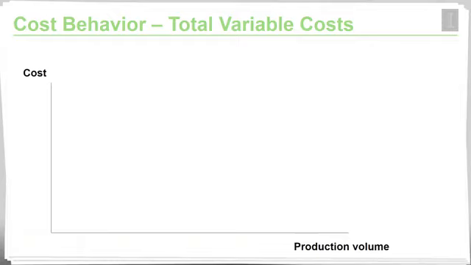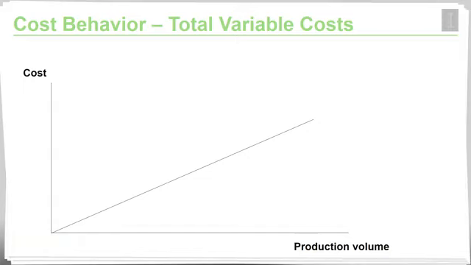So now, if I was going to graph the relationship between production volume and costs that would be classified as variable, what would this line really look like? If these costs were purely variable, I would draw a line that was upward sloping, meaning that at lower levels of production volume, variable costs would be lower, and at higher levels of production volume, variable costs would be higher.